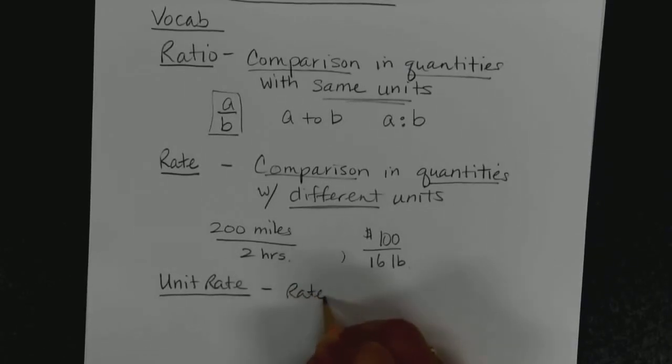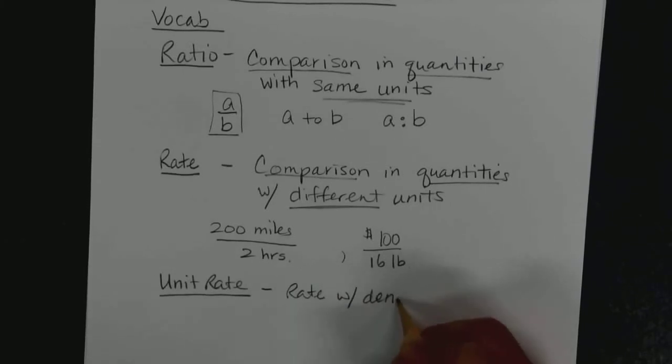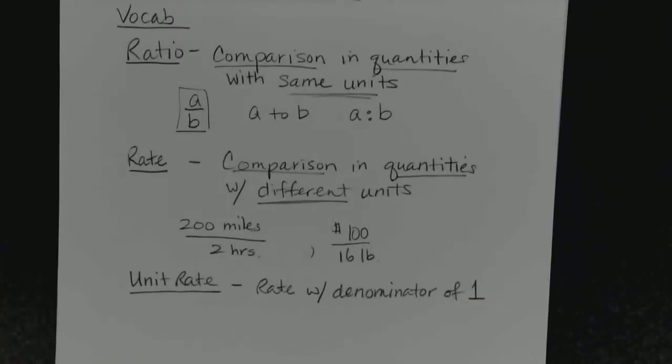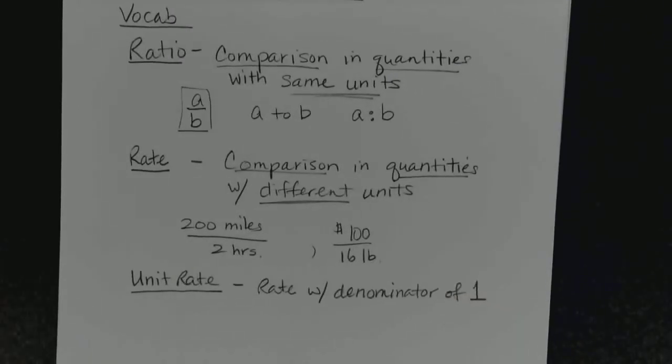It is a rate with a denominator, which is the bottom, right, of 1. That's what makes it a unit rate. So here's a unit rate.